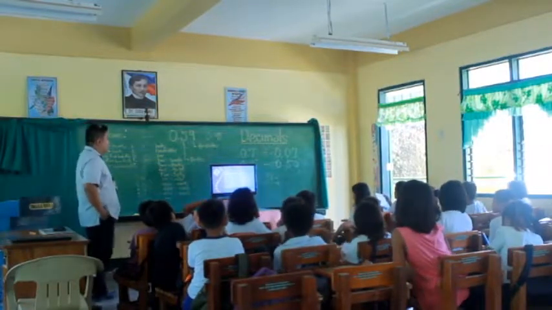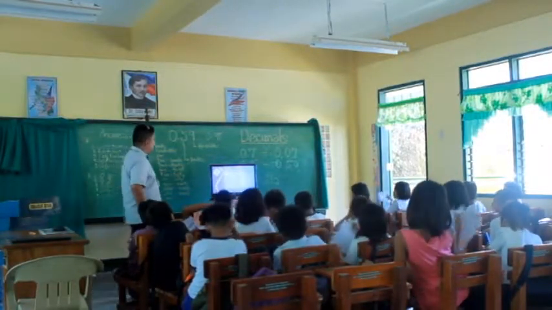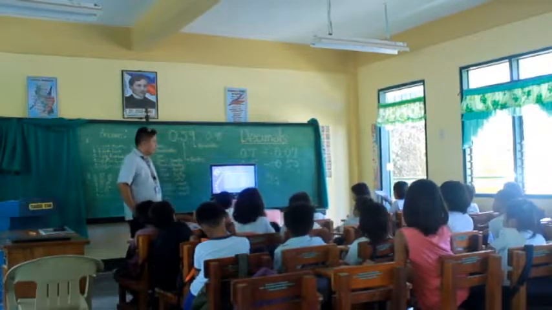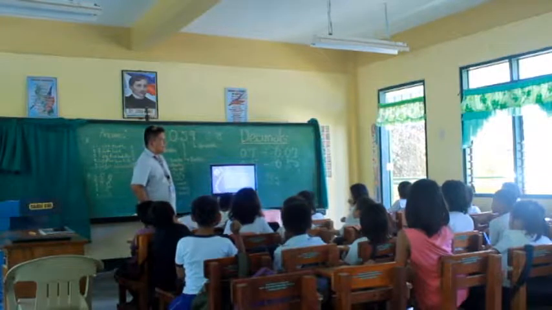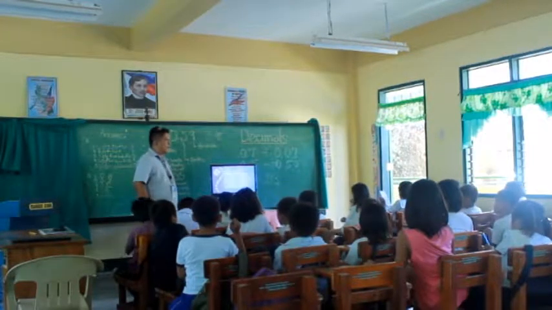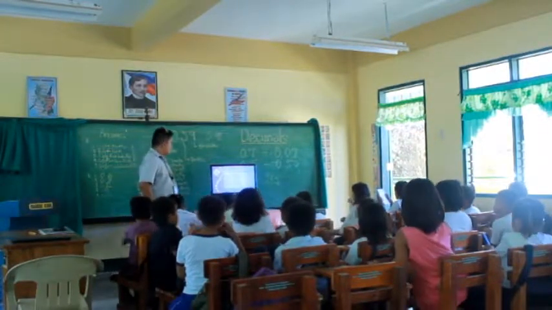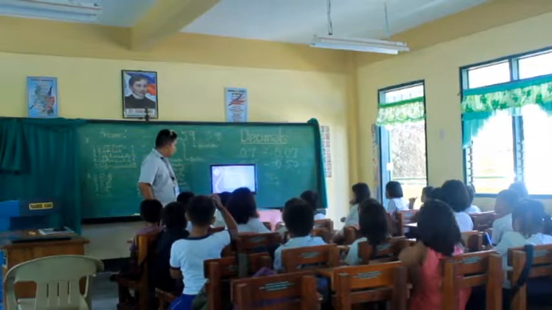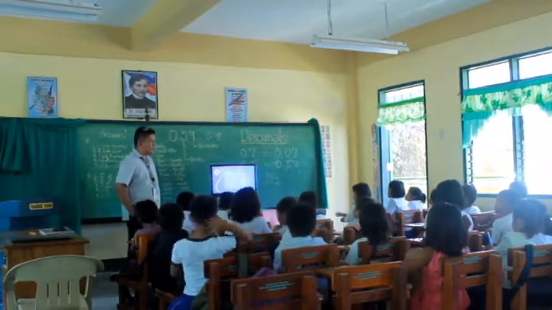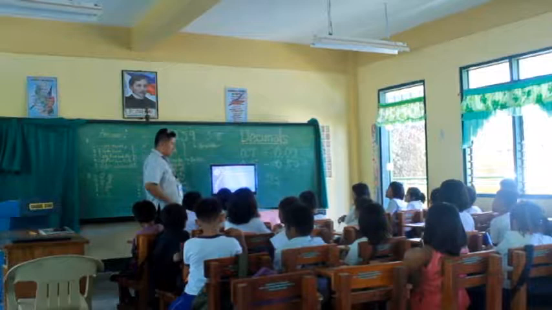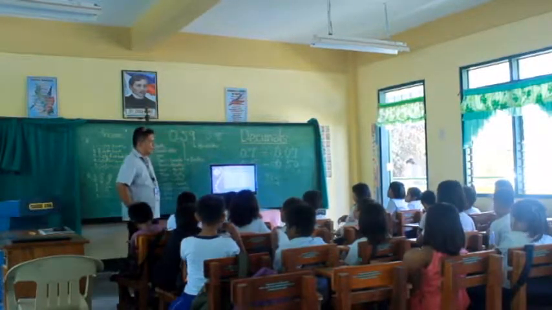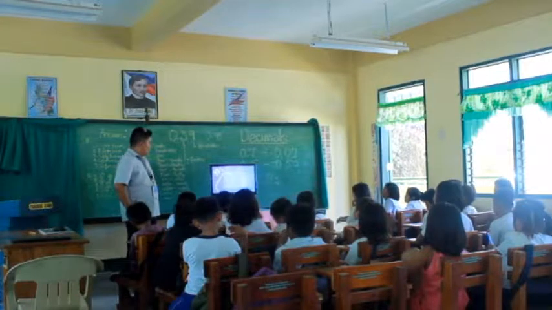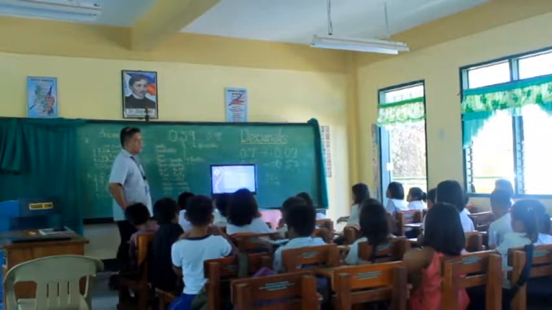Now, everybody, we read the following decimal numbers. I will read first. Number 1, that is 7 tenths. Number 2, 29 hundredths. Number 3, 18 hundredths. Number 4, 38 hundredths.